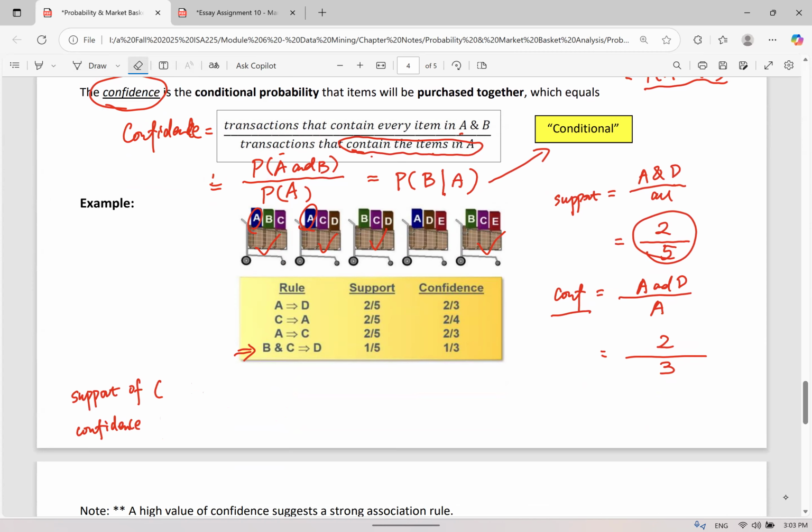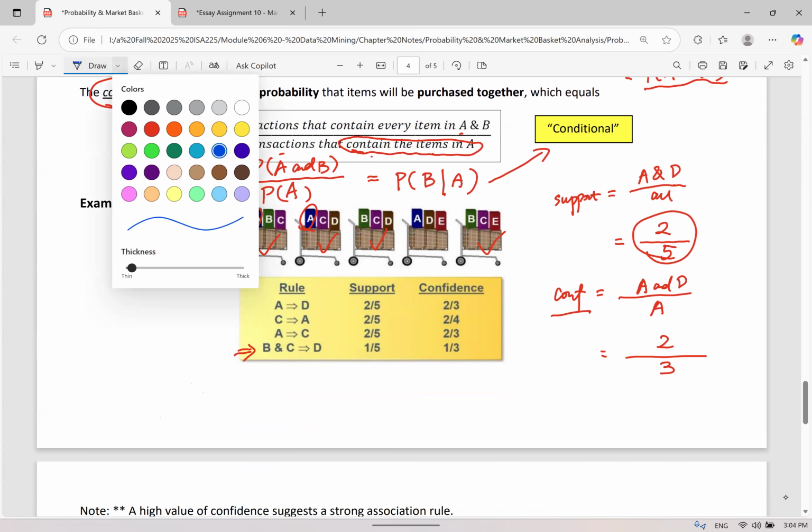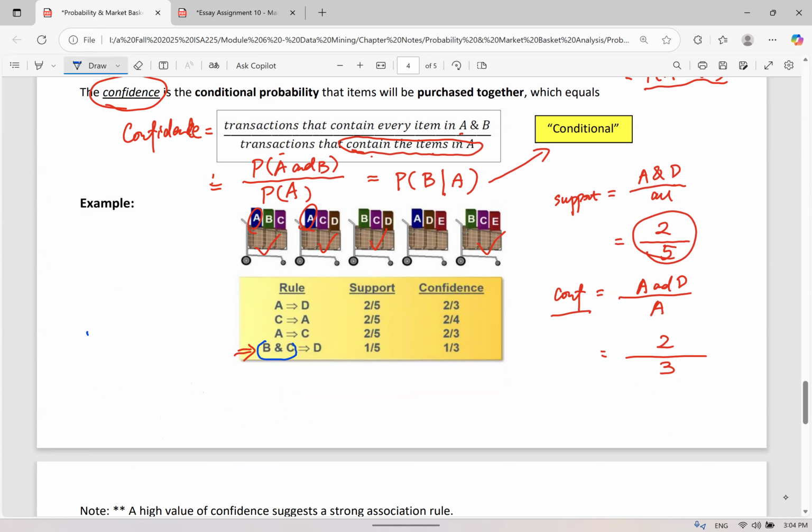Then the left side, B and C, we can consider these 2 together as a set. So what about the support? The support will be the probability that the customers will buy both item sets, right? That means the customers will buy this set and also buy this set.